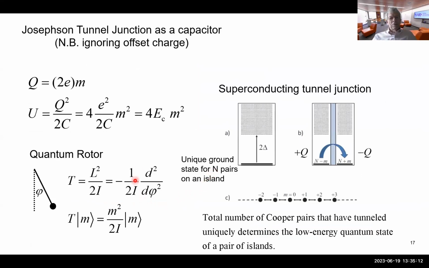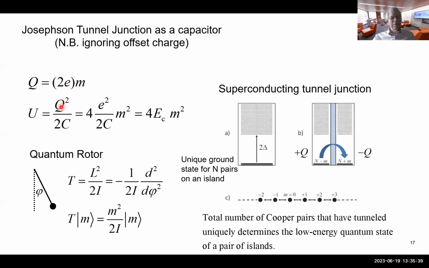Okay, so now, in addition, so far we haven't talked about the Coulomb energy. When you transfer a bunch of Cooper pairs, this thing acts like a capacitor that's been charged. And so there's another term in the energy. The charge is the charge of one Cooper pair times how many have tunneled.